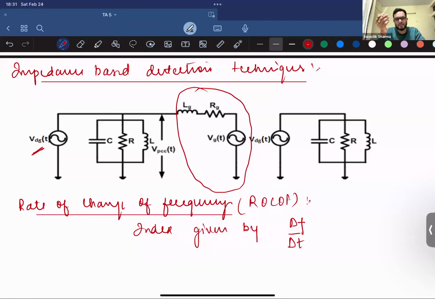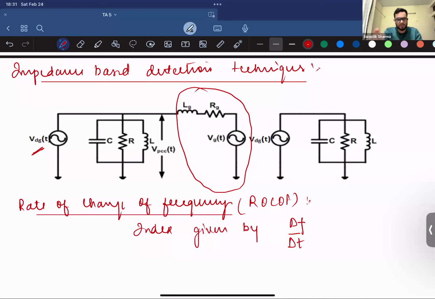Can anyone tell me what the two frequency monitoring techniques were that we talked about in the last class? Anyone? Okay.